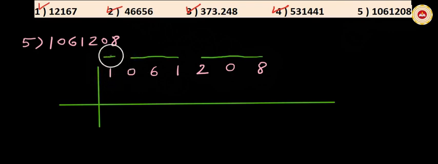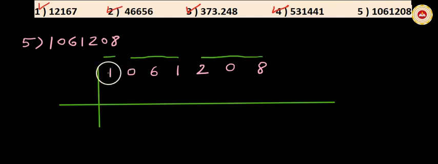The leftmost group may contain 1, 2 or 3 digits. So we have formed 3 groups here, with 3 digits in the rightmost group, 3 digits in the middle group and 1 digit in the leftmost group.